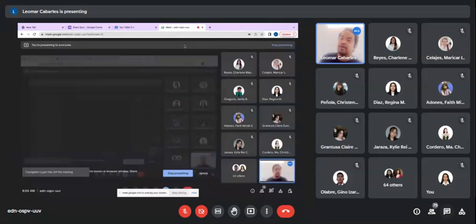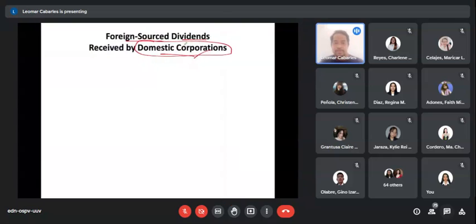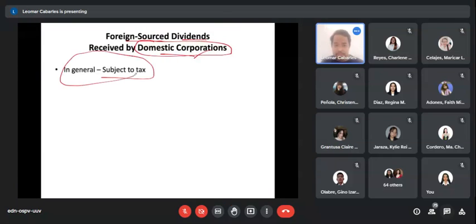Kasi domestic corporation lang naman yung worldwide yung taxation. Others, foreign corporations are tinatax lang for income source within the Philippines. So take note of the situs of taxation. No? Okay, so ito yung conditions. No? So again, generally this is subject to tax, to regular corporate income tax.